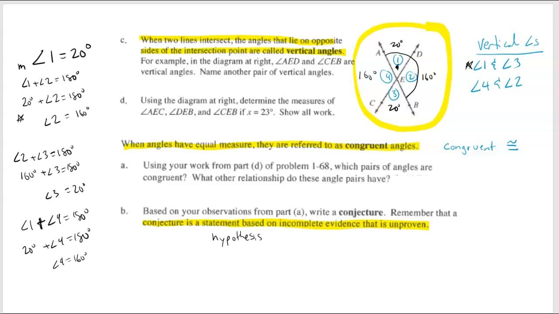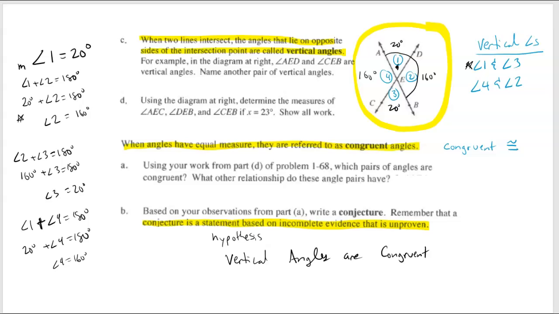It is okay to be wrong. A lot of people are wrong when they create a hypothesis because we have to test it, see if it's true. All right, so a good hypothesis for this might be that vertical angles are congruent. That is a good hypothesis.